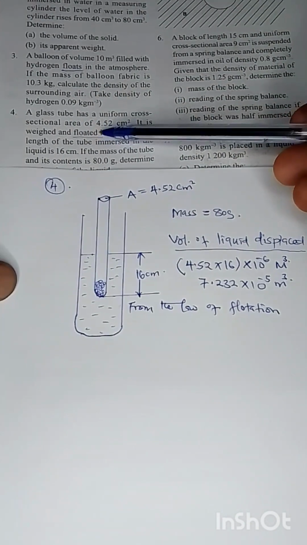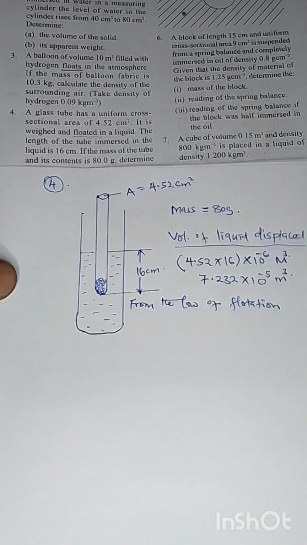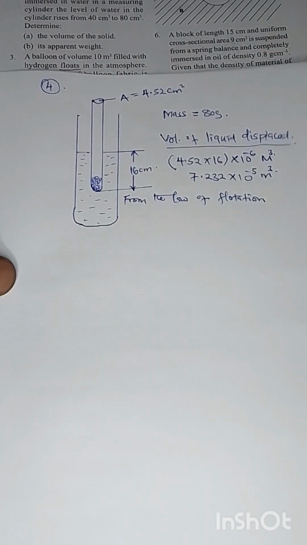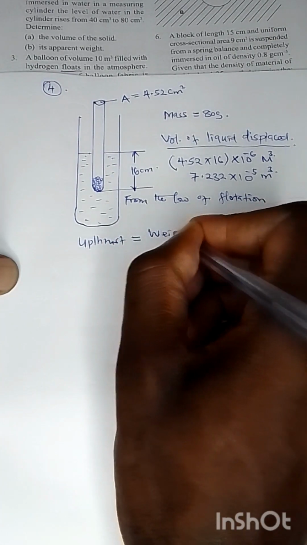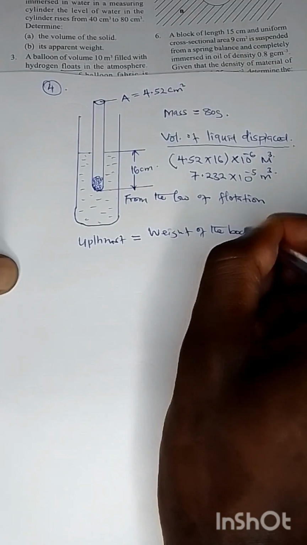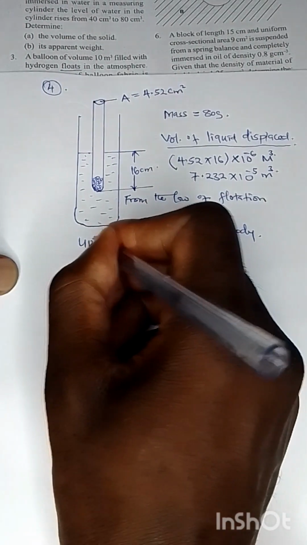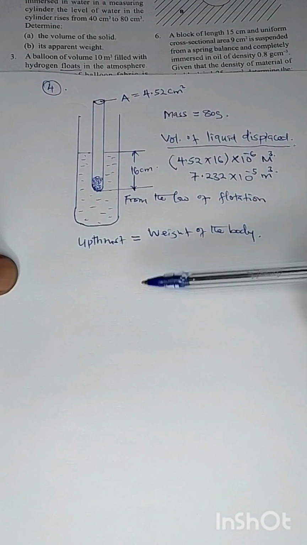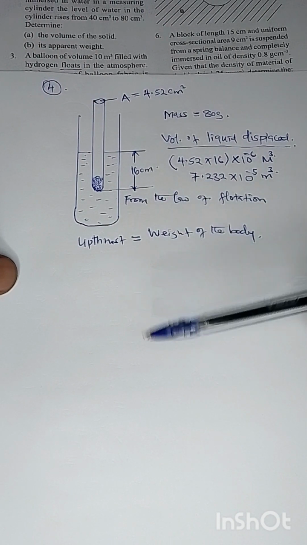Question 4. It is floated. So from that, I can say that therefore upthrust is equal to the weight of the body, because this body is floating. So a floating body displaces its own weight.